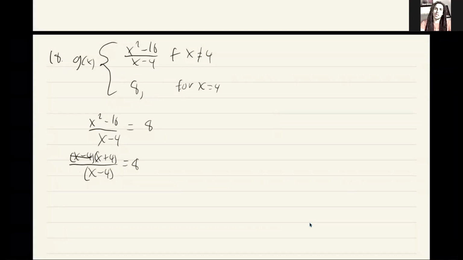So these x minus 4s will cancel, okay? So then we have x plus 4, and that equals 8. When we plug in the 4, when x equals 4, you will see that 4 plus 4 equals 8. And therefore, through the work shown, we can see that this is indeed continuous.